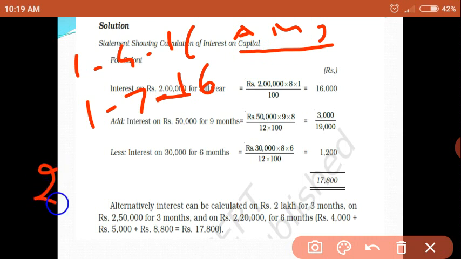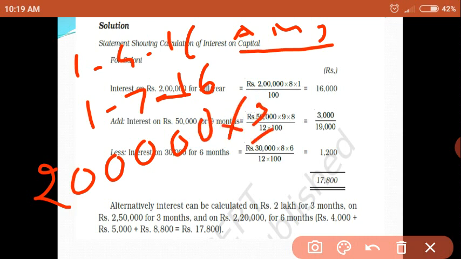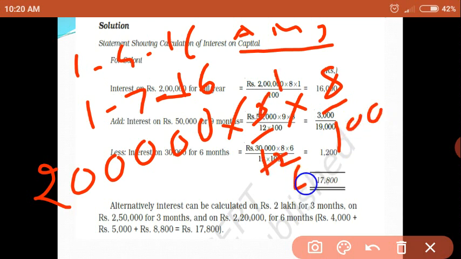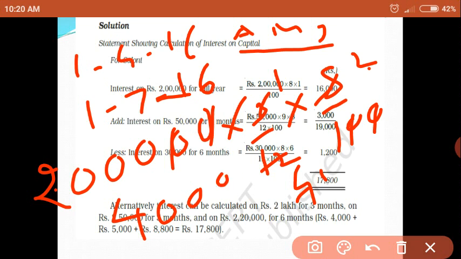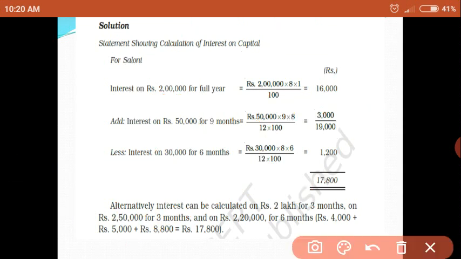So 2 lakh into 3 by 12 into 8%, that is 4,000 rupees on the 2 lakh amount. This is 4,000 rupees for 2 lakh for 3 months.